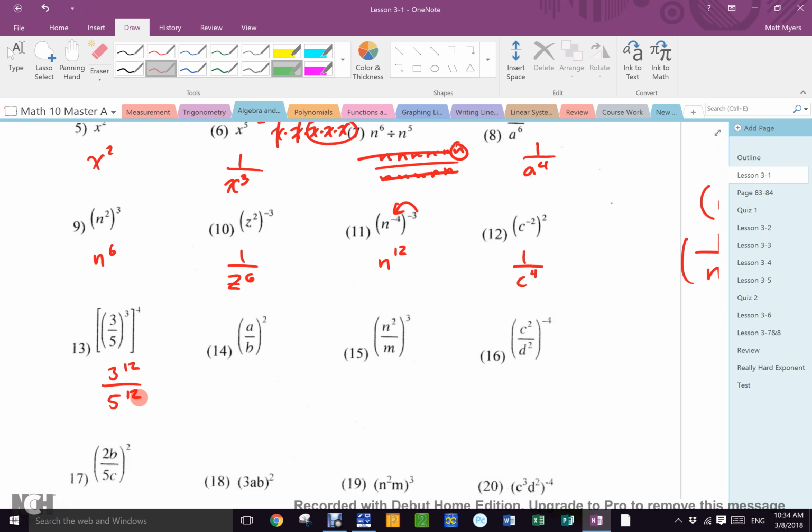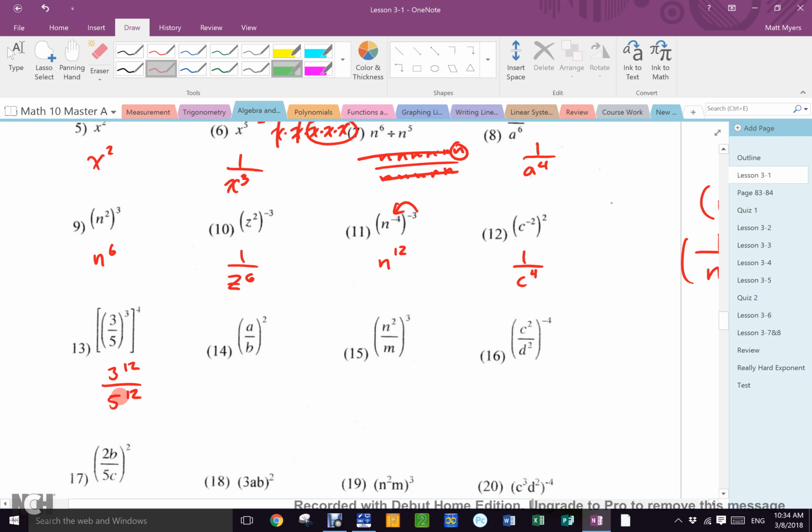Why do I have to stop there? Because it says write it as a power. Write all powers. Okay. So why aren't I subtracting these exponents? It's division. Because they're not the same value. Different base. 3 and 5 are different bases.